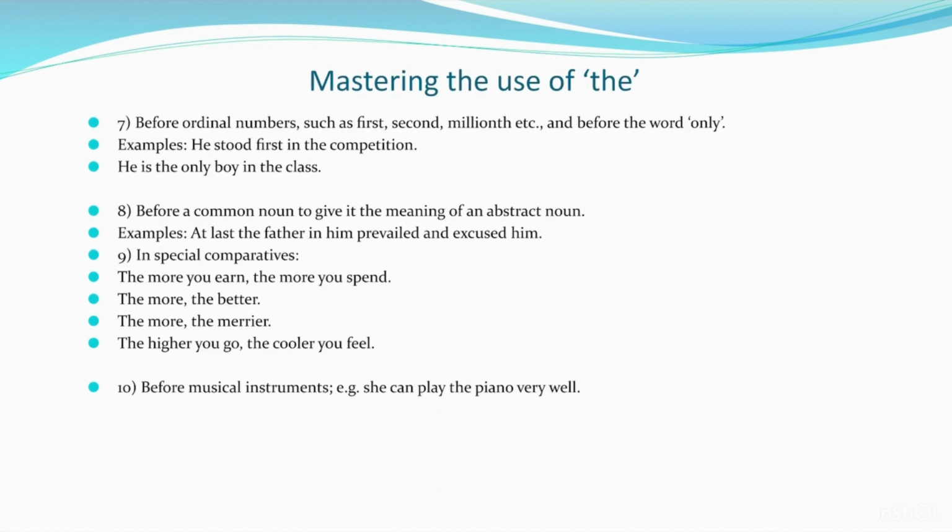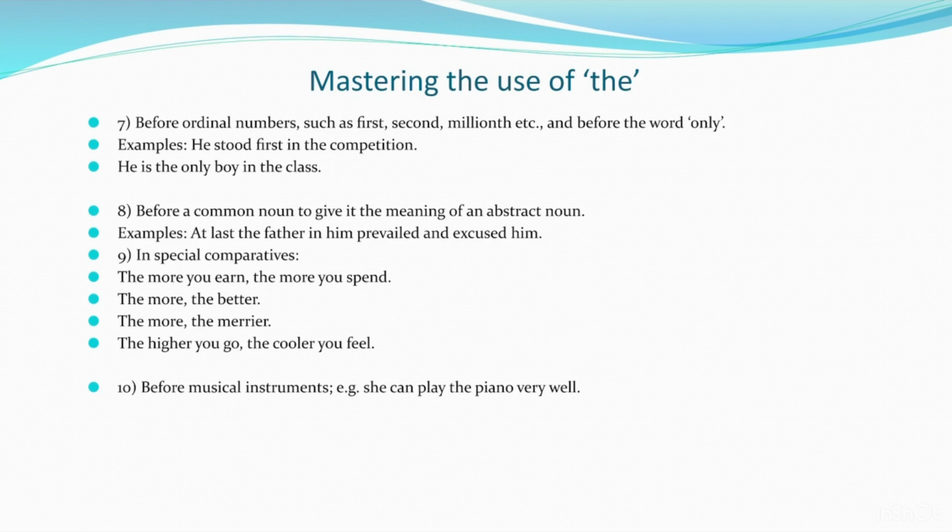Next, before ordinal numbers such as first, second, millionth, etc. Before the word and also before the word only. He stood first in the competition. Okay? So here, sorry, I have actually given the wrong example.